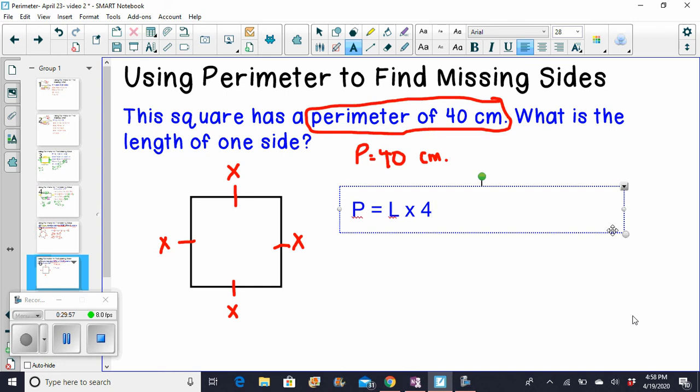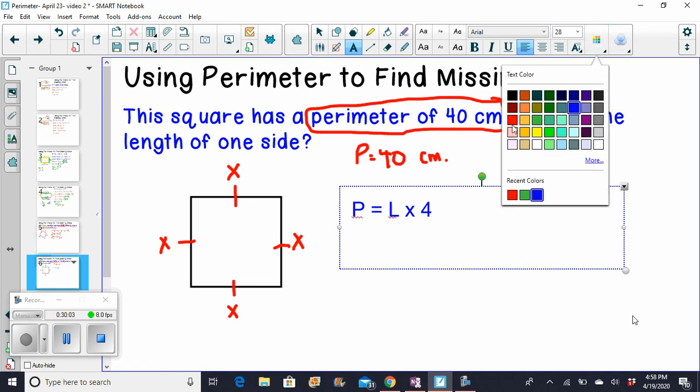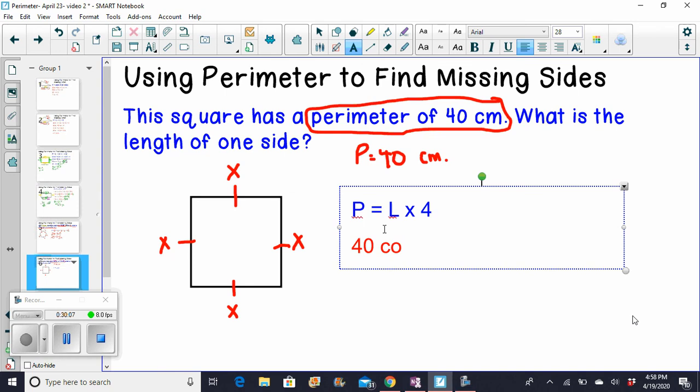This is specifically for a square, mind you. Values that we know: we know that the perimeter is 40 centimeters. 40 centimeters equals, I don't know what the length is, but we're calling it x. x times 4.